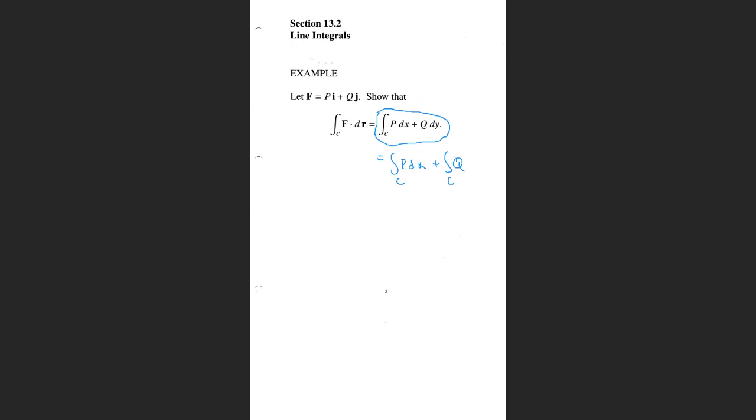And we did a problem where we added the sum of two line integrals. And that can be interpreted as the work that the force field, which has components P and Q, does in moving a particle along a path C.